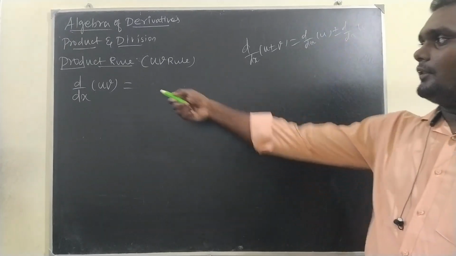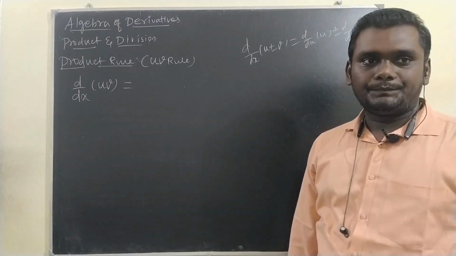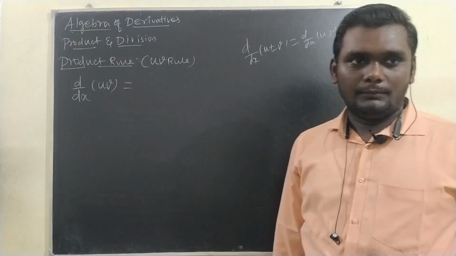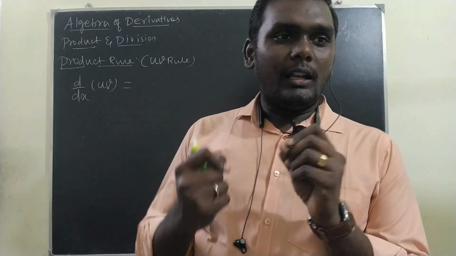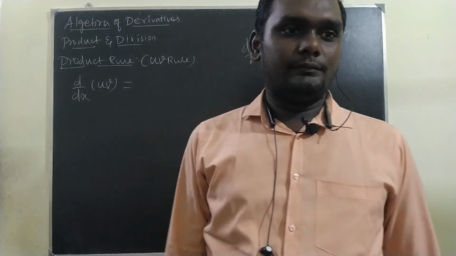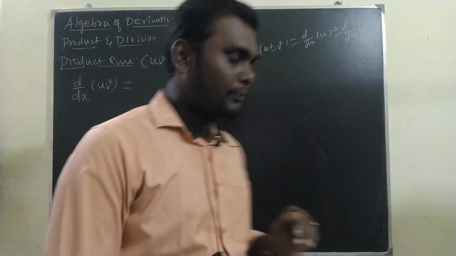This is for addition. For product, what we have to do? Simple. We derive by keeping one aside and deriving the other. Likewise, for both functions we have to give priority. See, I am keeping u aside, dv by dx, plus I am keeping v aside, du by dx.